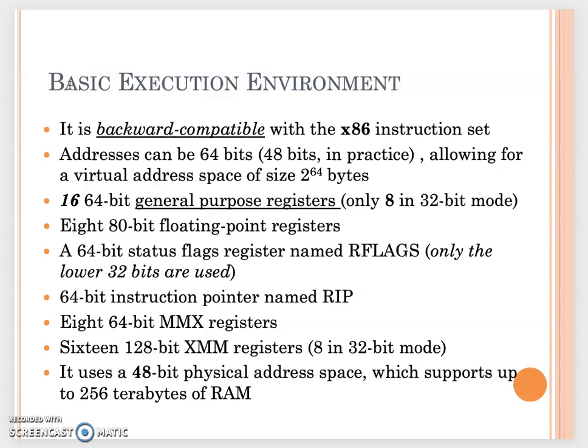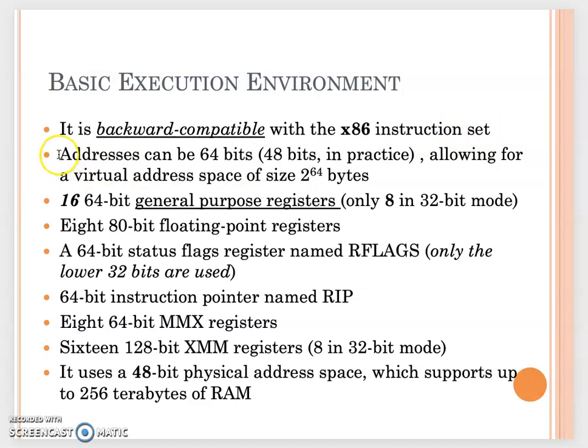The first thing we always need to make sure of is backward compatibility with the x86 instruction set. Even if your hardware changed, sometimes your software still runs in a 32-bit environment, so you need to make sure they are backward compatible.